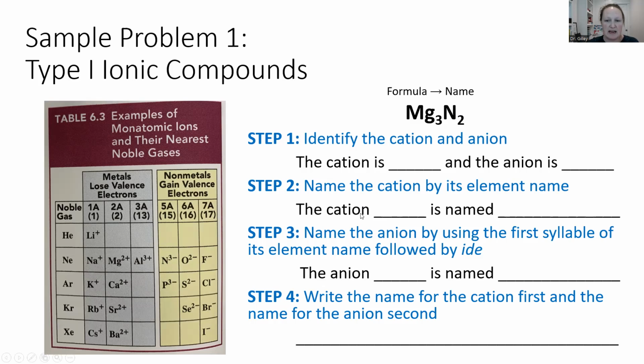Remember that the name of the cation is the same as its element name. The name of the anion is the first syllable of the element name followed by the suffix "ide." And then we write those together, putting a space between the cation and the anion.